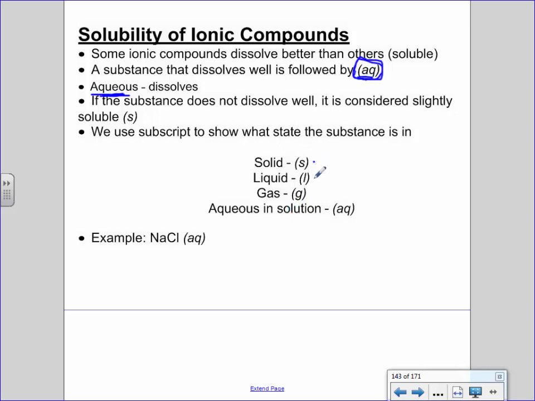There's solid, liquid, gas, so S, L, and G. But if I ever show you AQ, it means that we took that and we dissolved it in water. And it's now aqueous. That's the only reason I throw the slide on here, so that if you ever see this, you're not surprised and wondering what AQ stands for. So it just means it's an ionic substance that's now been dissolved in water. Kind of like if you were to take some Kool-Aid crystals and dissolve them in water and make Kool-Aid, you would say that it is aqueous. That's all.